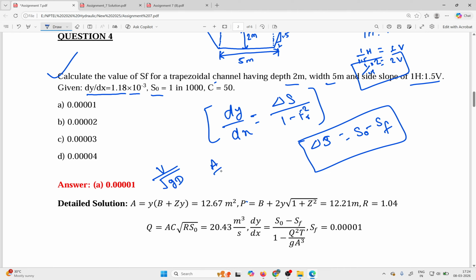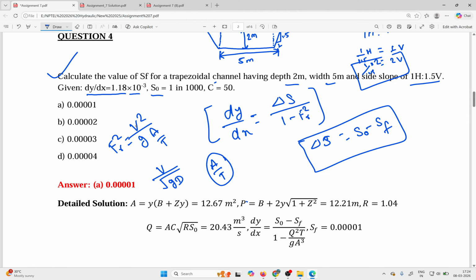D is nothing but area by top width. Now this is your V square, remember please. So this is Fr square. Fr square means V square divided by g A by T. You can write Fr square is equal to this.